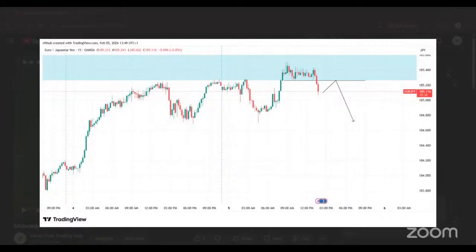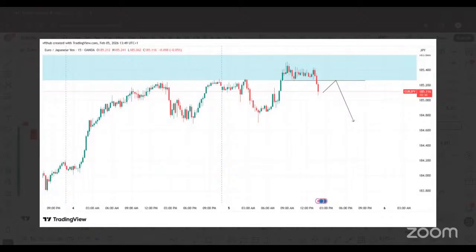Okay, so I'm going to pin our trade right here in the comment section. So if you are watching, you should be able to take advantage of it as well. I'm also going to type in my entry level and then where I look to exit.